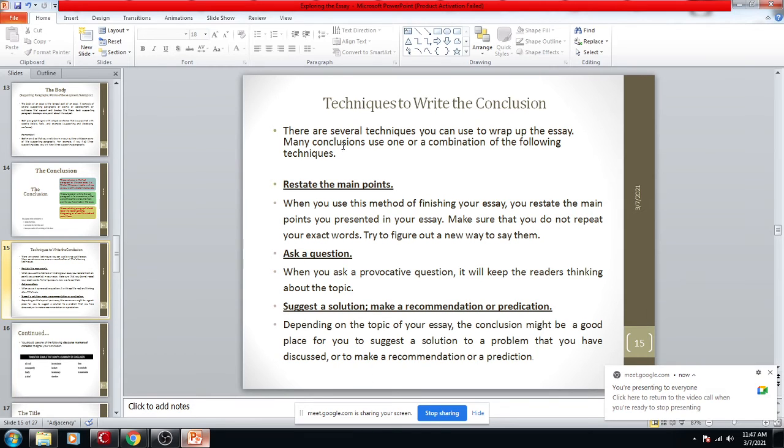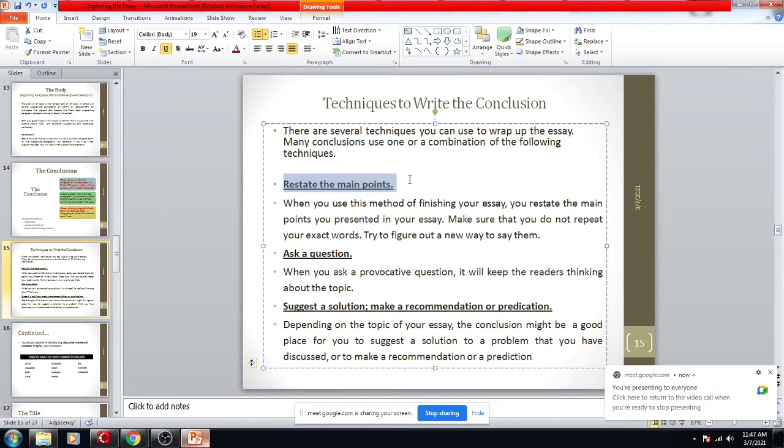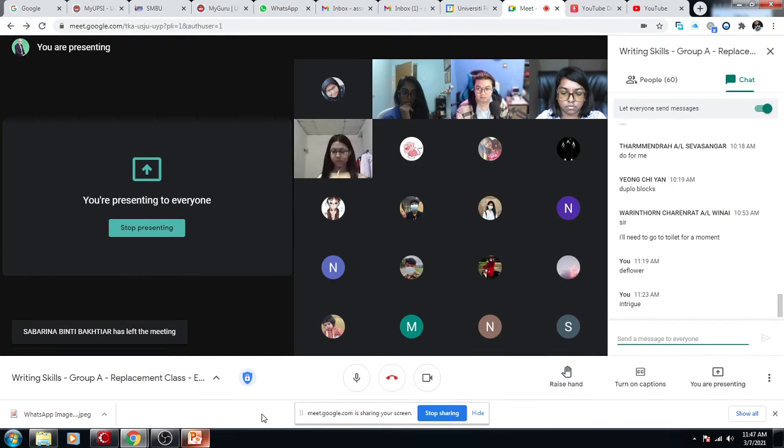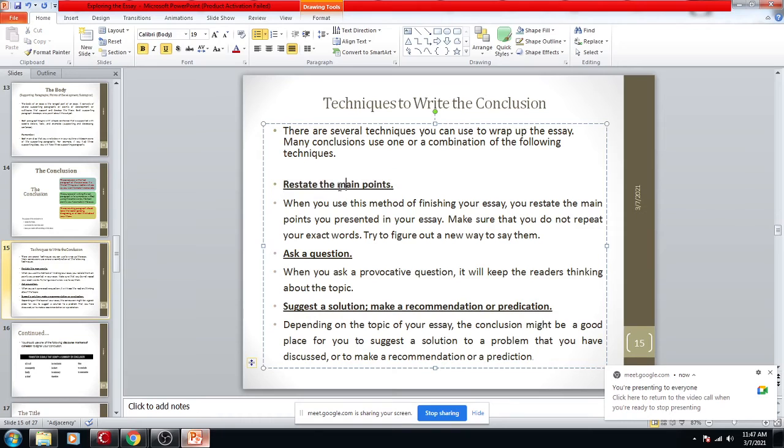So as we have said, you need to use a restatement of the ideas all the time. This is not just a technique, it's something that you have to do: to restate the main points, or, as I said, to restate the thesis in different words.